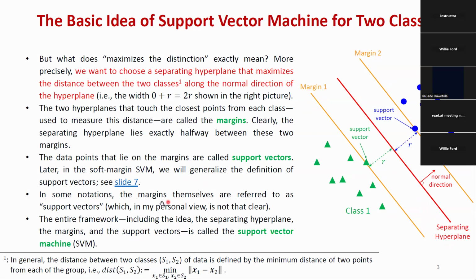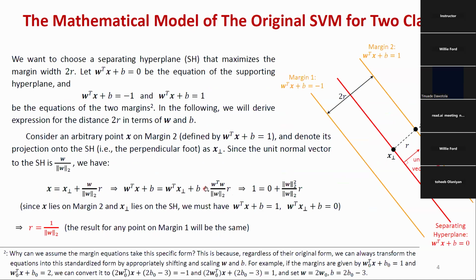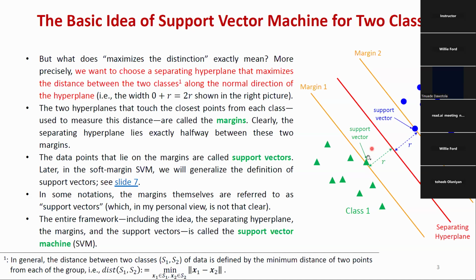But just to let you know, if you read some literature or papers later, you will see some people call this one support vectors. So the entire framework, including the data, the separating hyperplane, margins, and support vectors, is called the support vector machine (SVM). In the next page, I will show how to derive the expression of this r, because we want to maximize it.